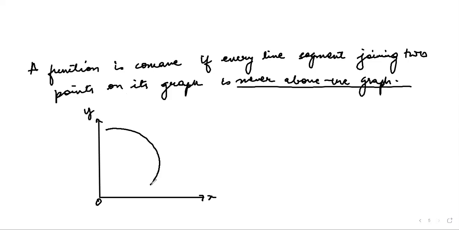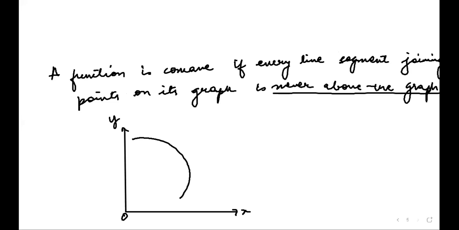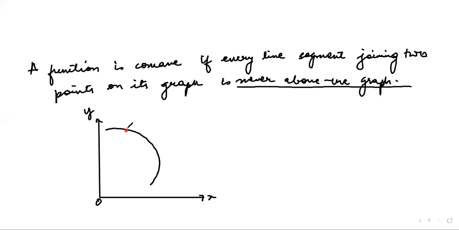Then this statement says that if you take any 2 points on the graph, I take point A and I take point B. When you take any 2 points on the graph and you join those points, if that line segment that you have got is never above the graph, see, it is below the graph, right? Then it is concave.